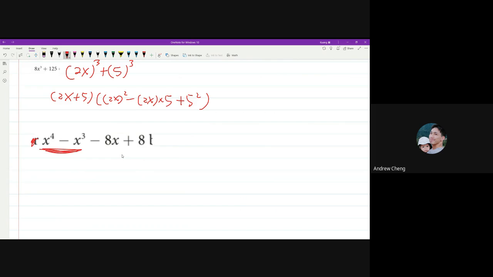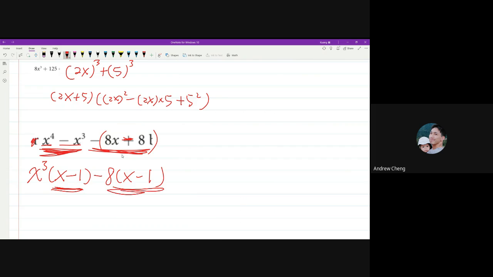For the first pair, we factor out x cubed, so dividing by x cubed becomes x and minus 1. And here we just factor out 8, so minus 8x. If you put a parenthesis here, this one needs to be negative because it's like you factored out -8, and then divide by 8, becomes 1.